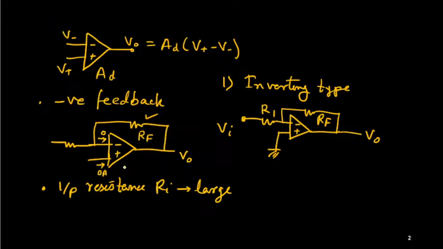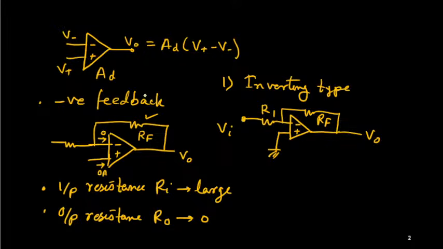No current will enter the device because of high input resistance. And output resistance is close to 0 for an ideal op-amp.